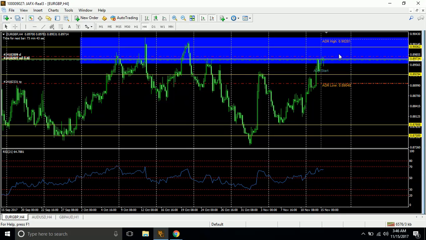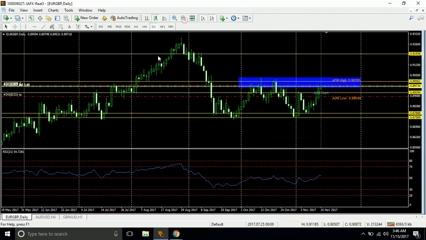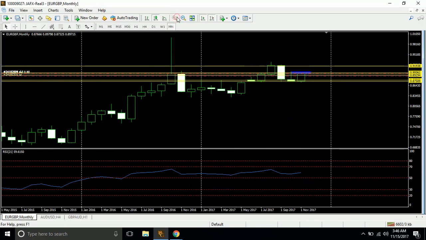And I expect it to be rejected to the point where, if you look here on the daily, we have a range. Market's moving sideways. It's not moving up or down for the past 3 months. It's moving sideways. And we can go to the monthly chart and look at it.